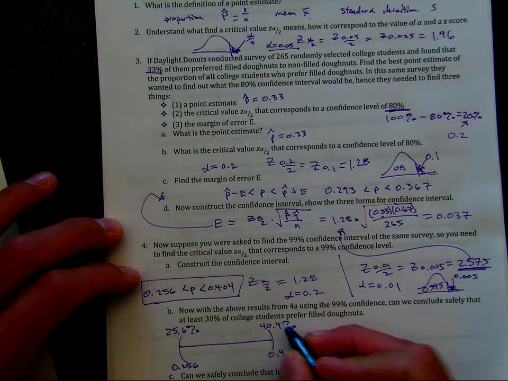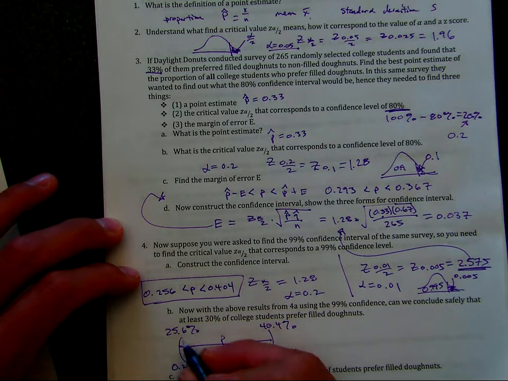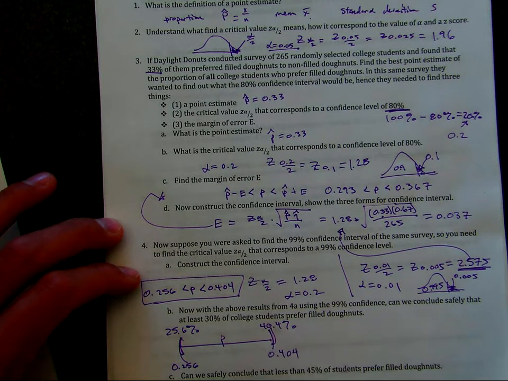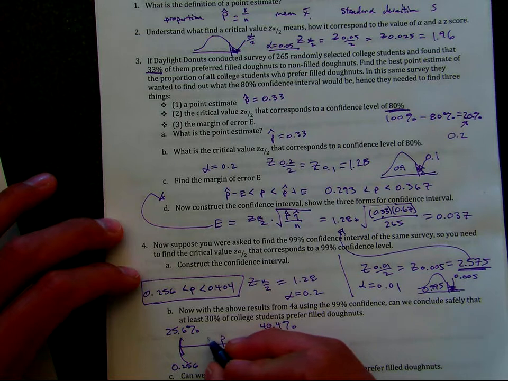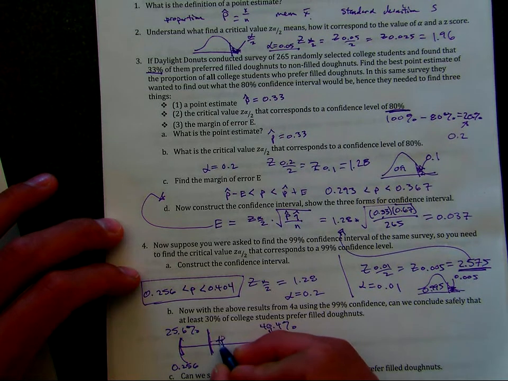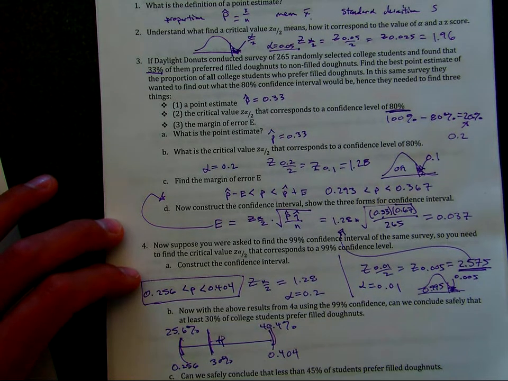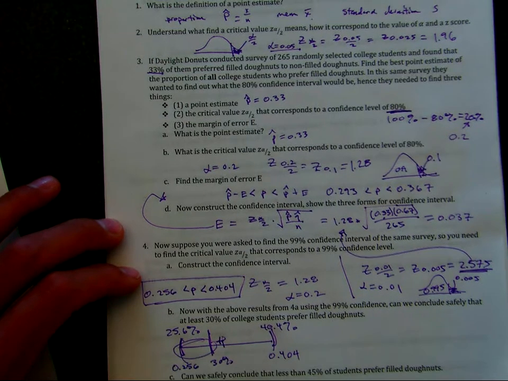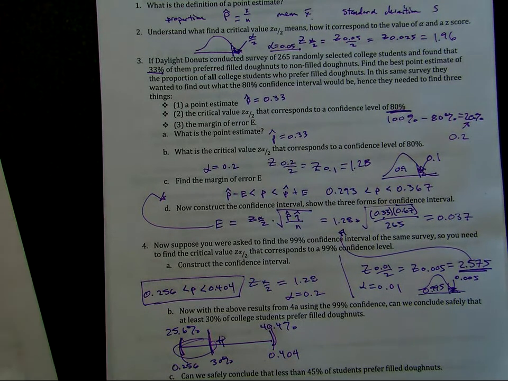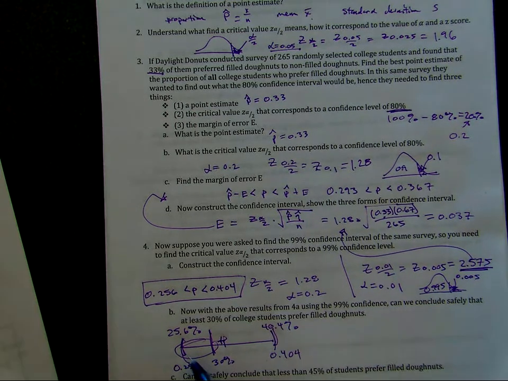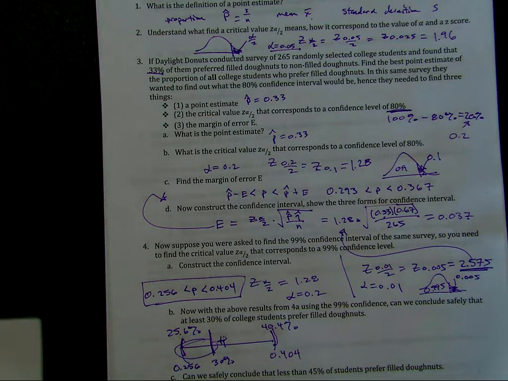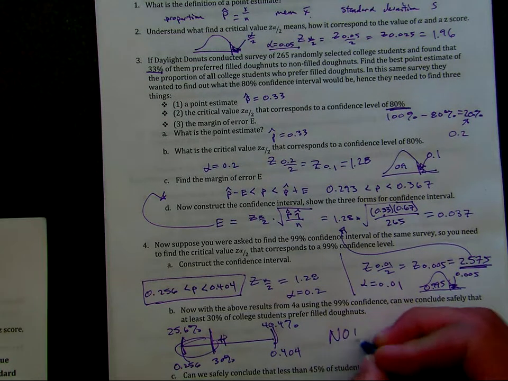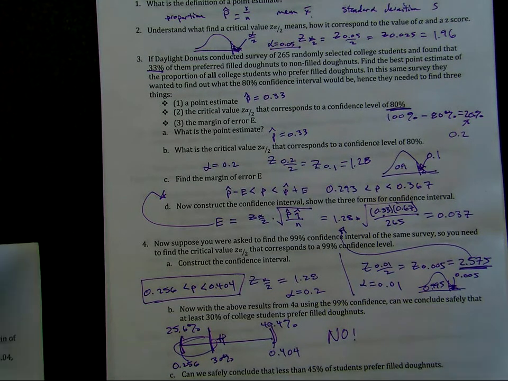The true population proportion lies somewhere between here. So, can we say at least all above 30%? The answer is no, because this area could have the true population proportion. So it could be 26%, it could be 27%, it could be 29.999. The point being is that it's not at least. There could be values below, all right? Just keep that in mind. So no. Okay? And elaborate why.